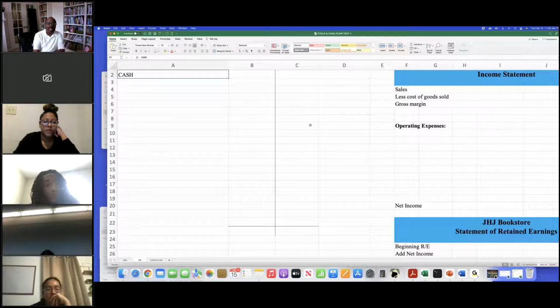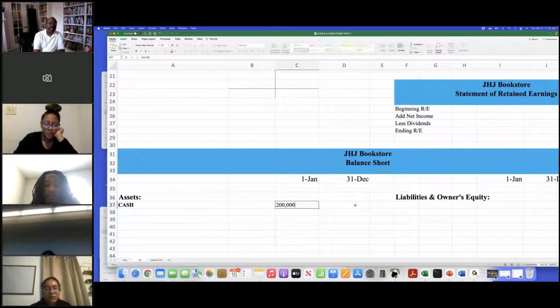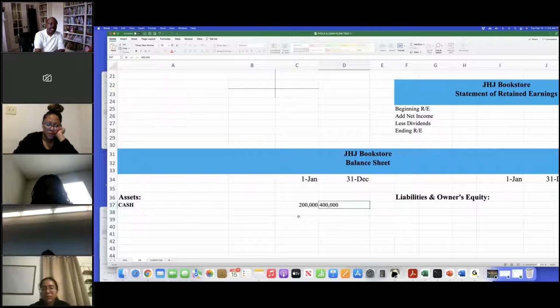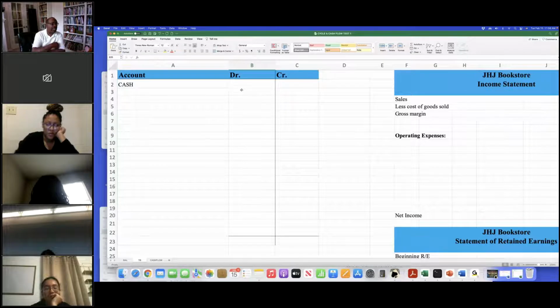And since 400,000 was the end of the year, I put 400,000 right here. That's what I would do. But then on my trial balance, since I've got to go through the whole process, what number is going to be here? 400,000.